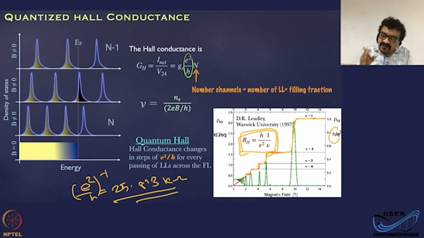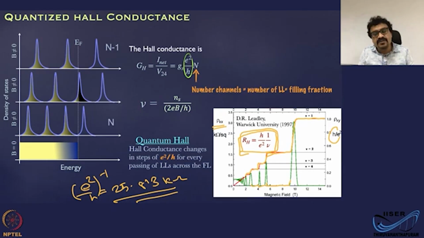Now, whenever there are an integer number of levels, the Rxx, the resistance that you measure along the edge, will be 0, as we discussed, because the edge states are reflectionless states with 0 resistance. That is why the green trace here is showing you 0 resistance. Whenever there's a plateau, there are well-defined, crisp numbers of Landau levels, and there are no half-filled levels.